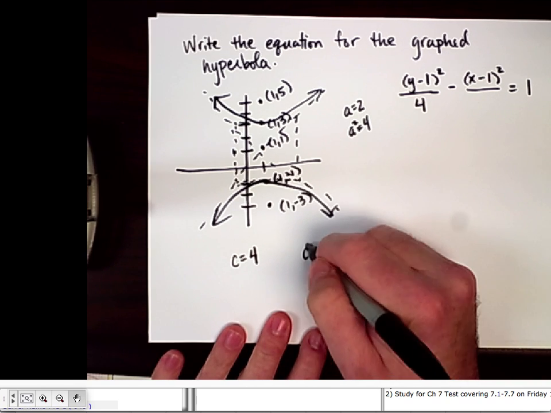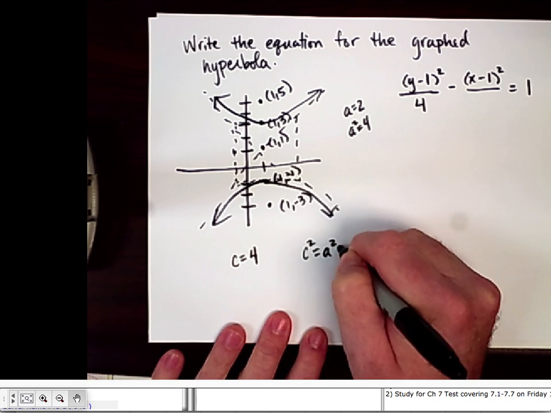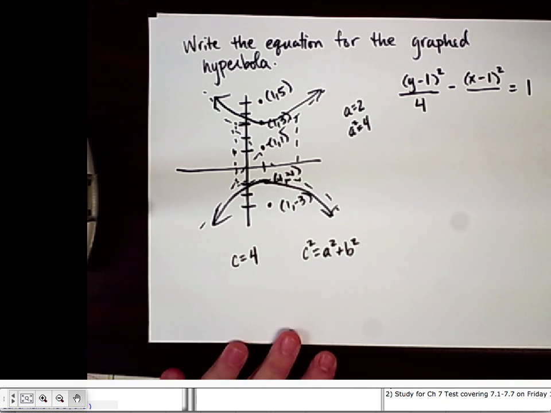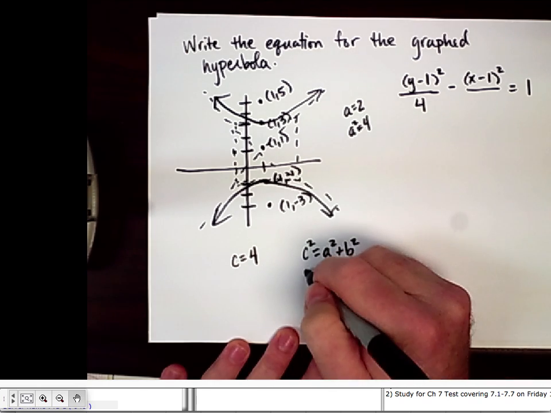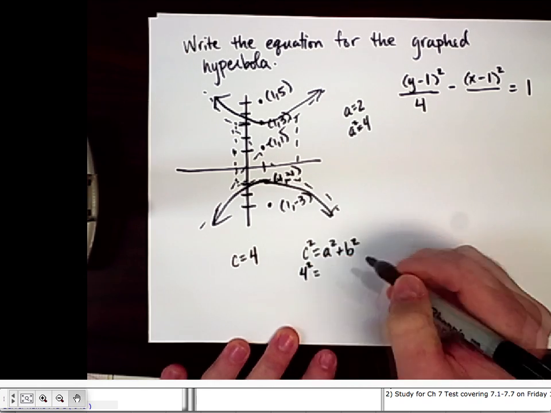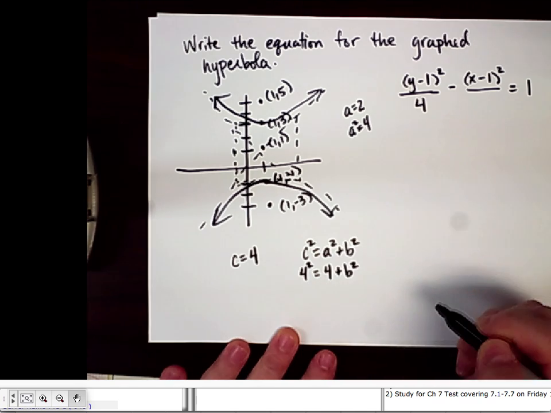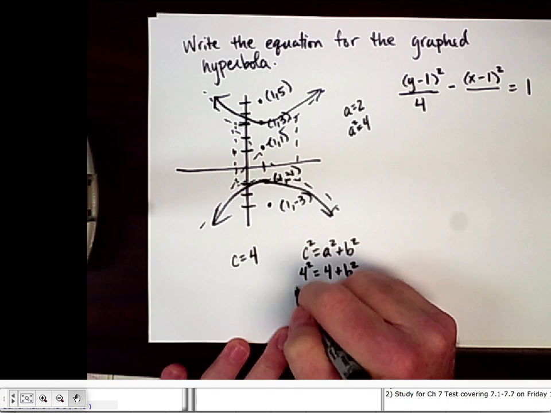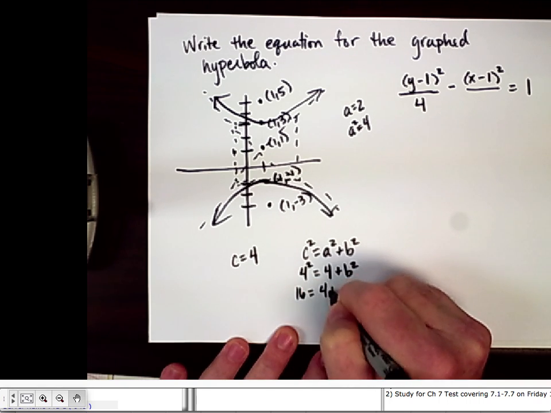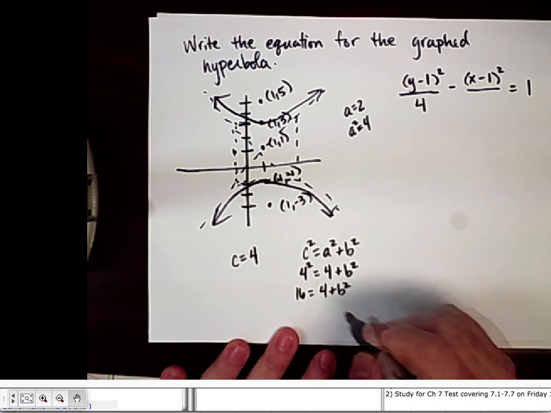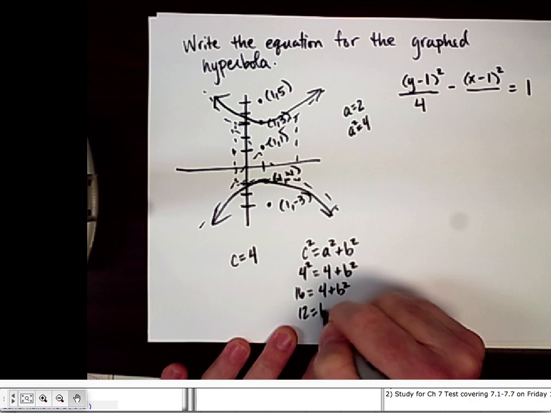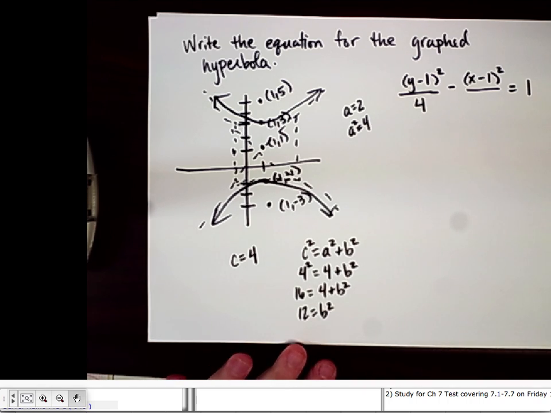So we know that c squared is a squared plus b squared. So 4 squared, and a squared we already know is 4, plus b squared. So 16 is 4 plus b squared, so 12 is b squared, right?